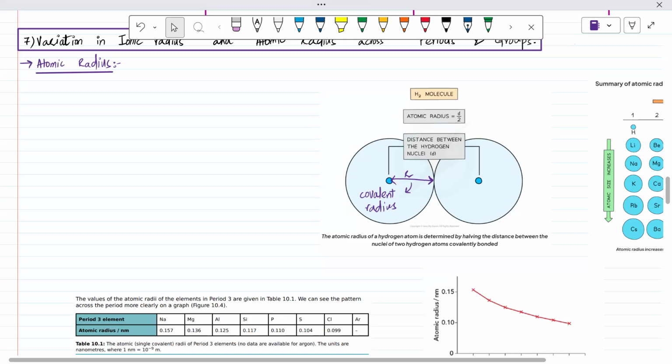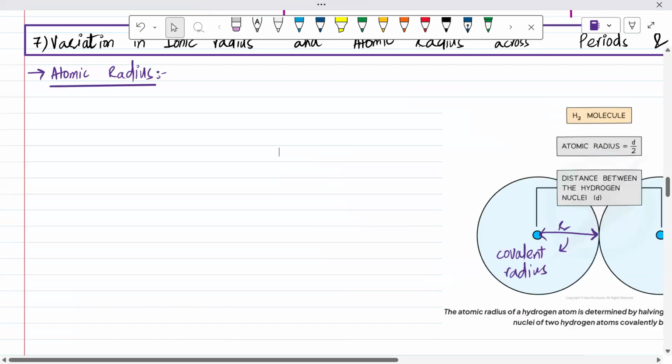It's like the normal radius. We will discuss here the atomic radius of the element, because generally we don't talk about atoms. Have you seen the atomic table? We have discussed the periodic table of the elements.